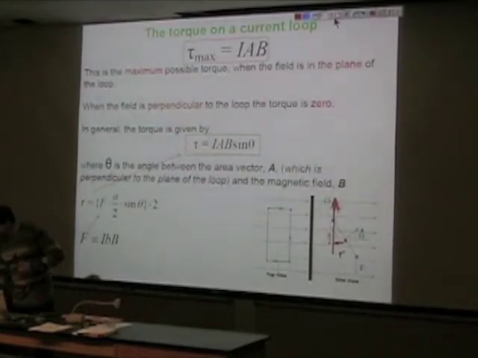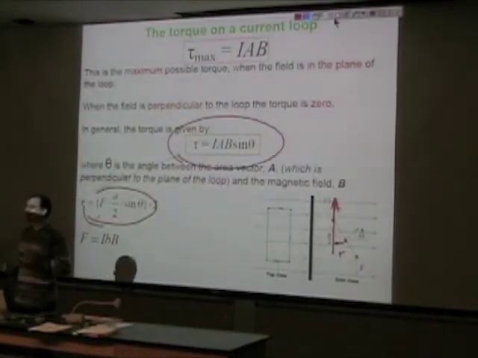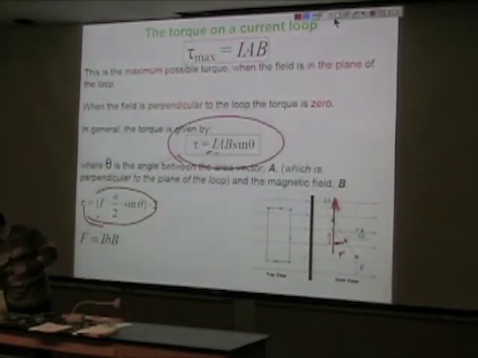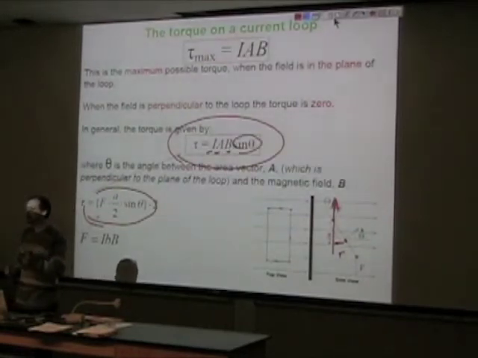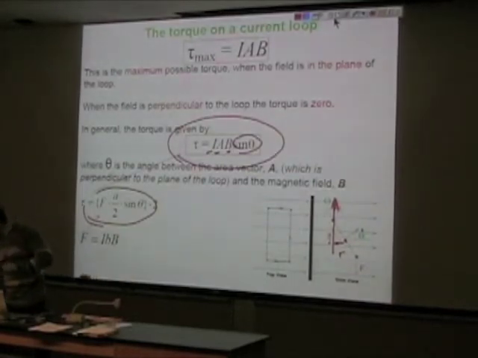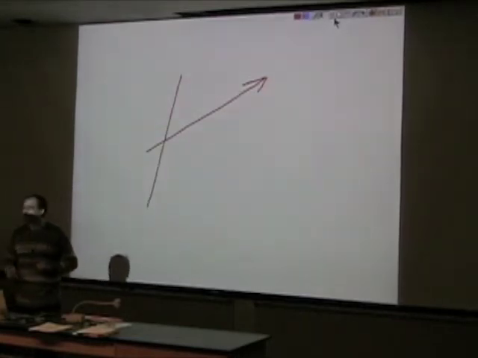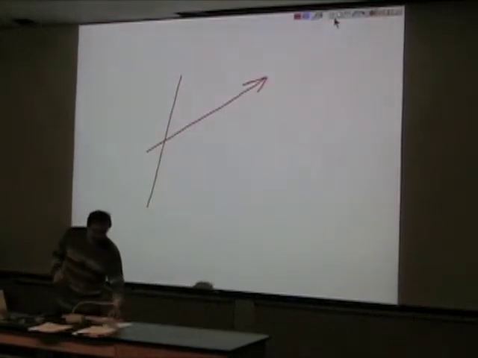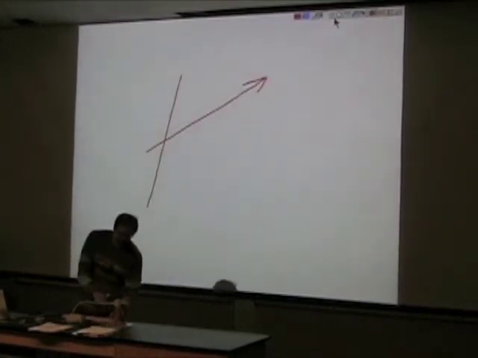So if we carry out the direct calculation, that finally gives the expression for the total torque acting on the loop in a magnetic field. Now, in addition to current, area, and magnetic field, we also have to use a specific angle. What kind of angle? Again, that's a point of a common misconception. If this is a magnetic field, and this is a loop, but now it's not a top view, it's a side view.